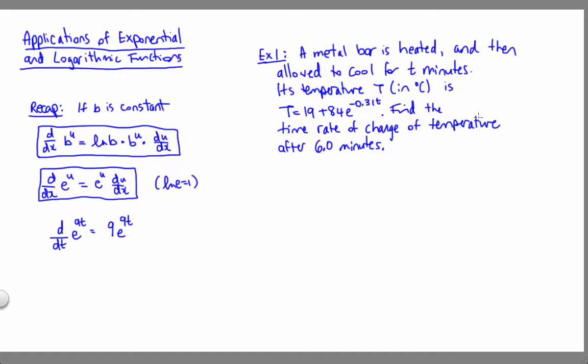Well, we're asked for the rate of change of temperature with respect to time, so symbolically we're going to write that as d capital T by d little t. And taking the derivative of capital T, we're going to get 84 times the derivative of the exponential function, which is going to look like e to the minus 0.31t times minus 0.31.